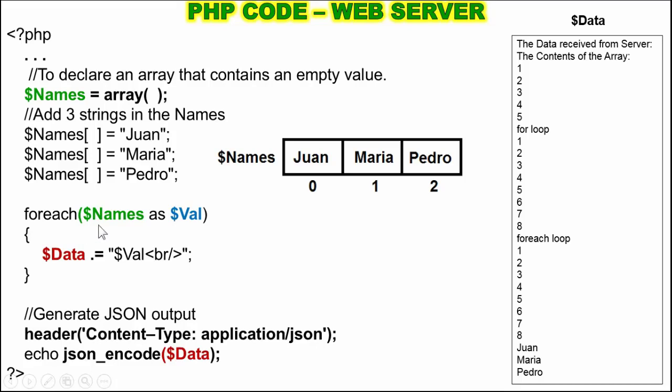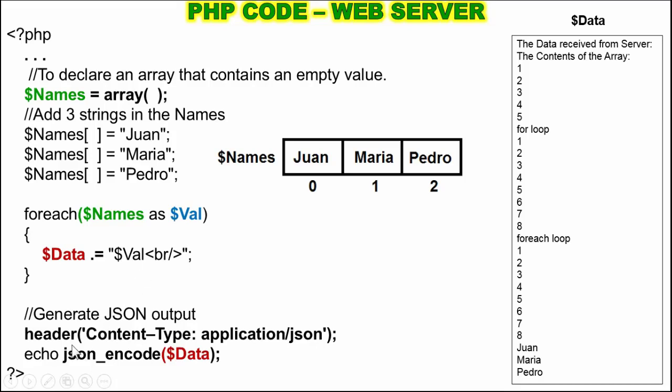The syntax: we write the keyword foreach followed by parentheses. Inside the parentheses, we specify the array name followed by the keyword as, followed by a declared variable that holds the element being accessed every time the foreach loop repeats.